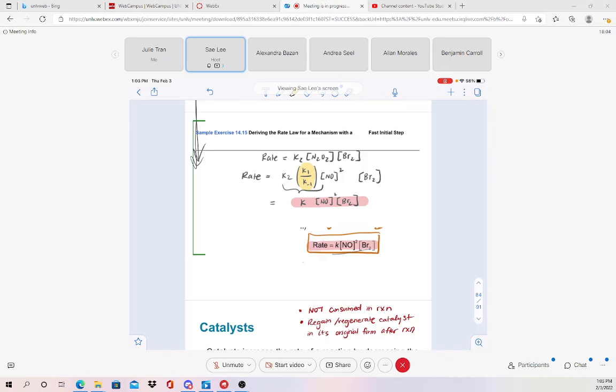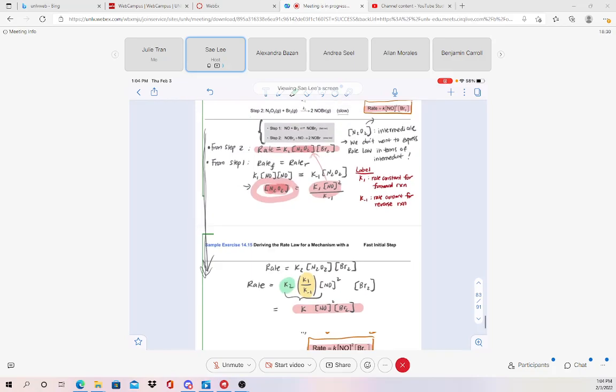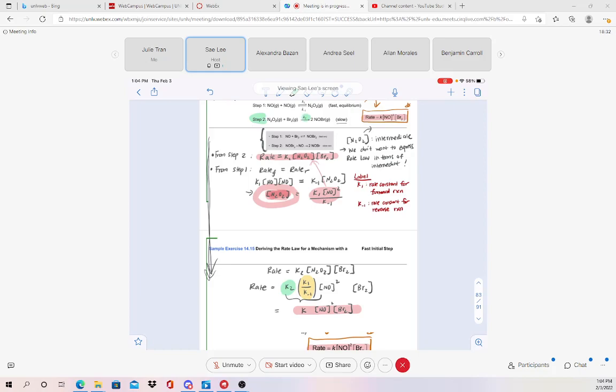The rate constants for step 1 would cancel out and equal 1. But then if I do that, I will be left with K2. I was going back to this problem after lecture, and it didn't make sense to me, because K2 is the rate constant for step 2 of the reaction. That shouldn't be the overall rate constant for the entire reaction.